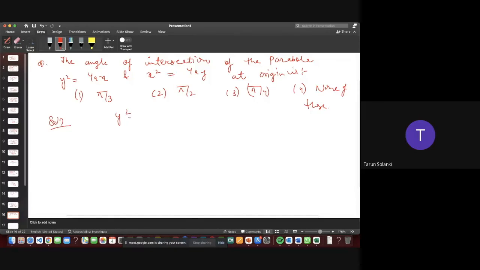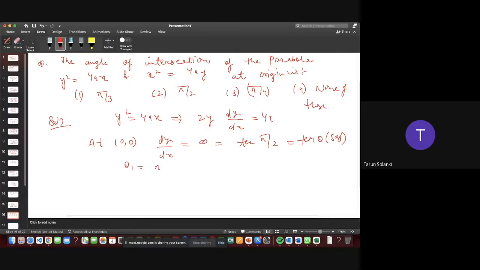So y square is equal to 4ax, that is 2y dy by dx is equal to 4a. So at (0, 0), dy by dx is infinity, which is equal to tan of pi by 2, and let's say it is tan theta. So theta 1 is equal to pi by 2.